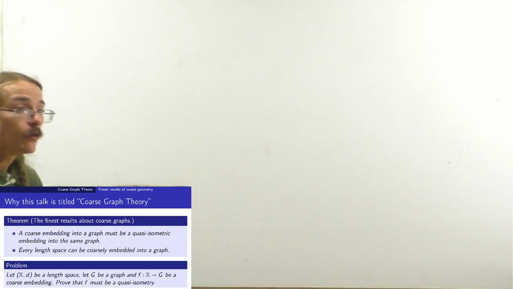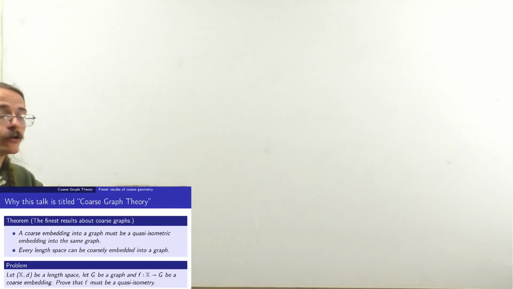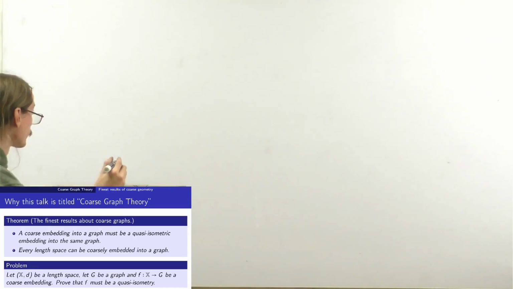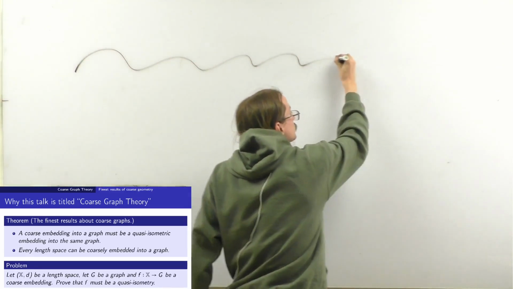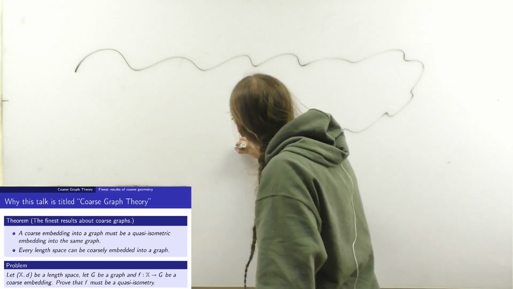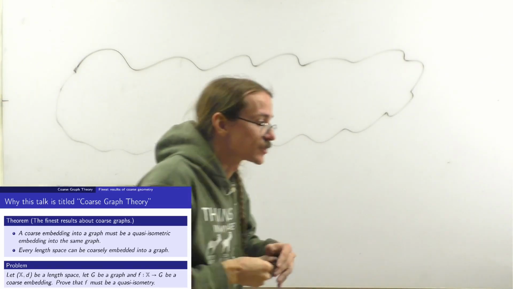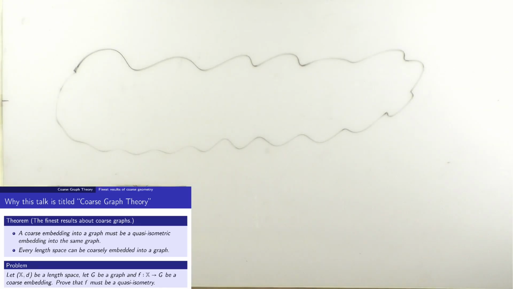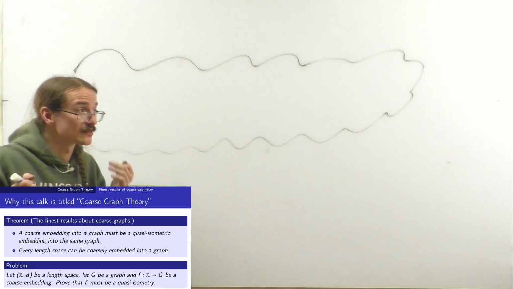Okay, now we want to show that anything in the world of length spaces we can think about in the world of graphs. So here we have a length space. And length space, remember, just means that there's some meaningful notion of a path between things, and that's closely related to their distance.